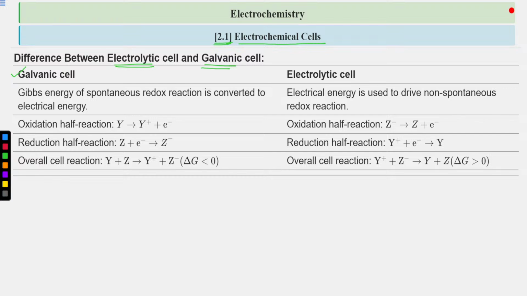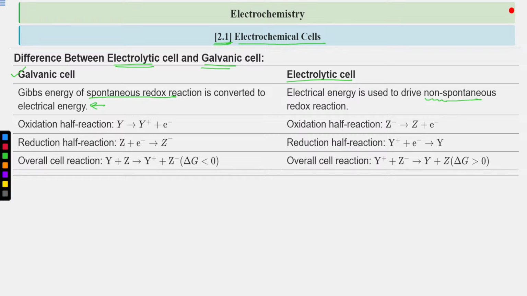In a galvanic cell, the Gibbs energy of a spontaneous redox reaction is converted to electrical energy. Meanwhile, in the electrolytic cell, electrical energy is used to drive a non-spontaneous redox reaction.